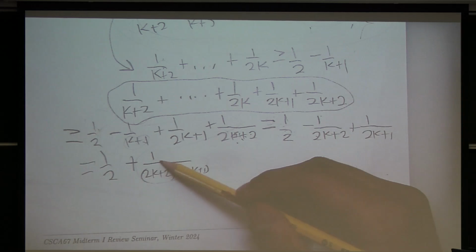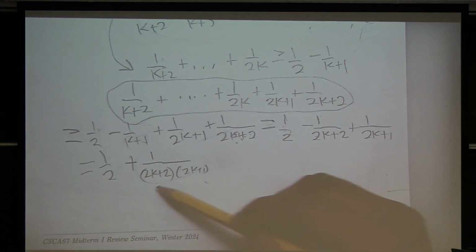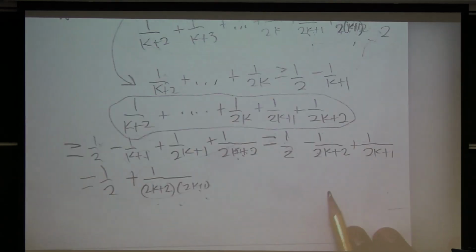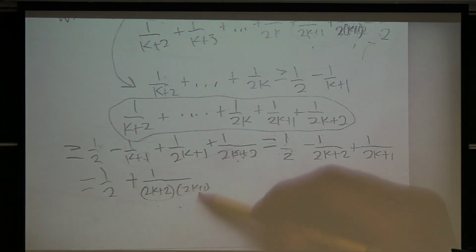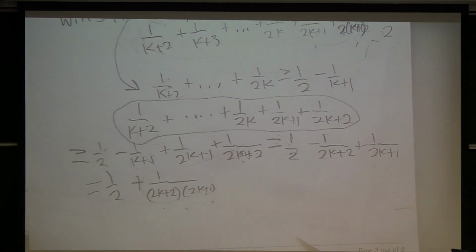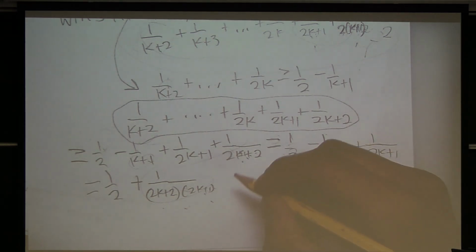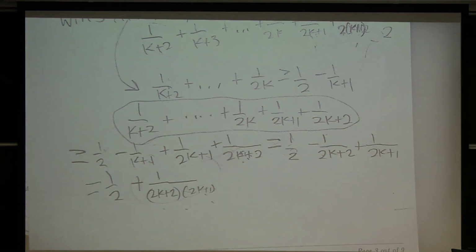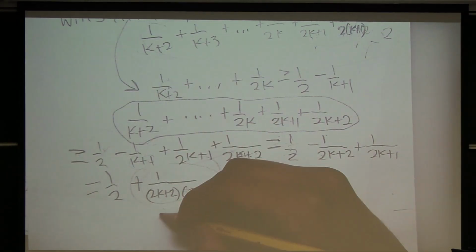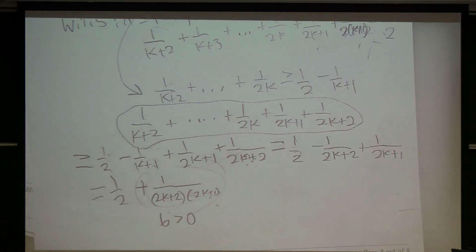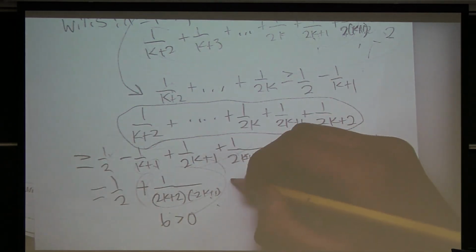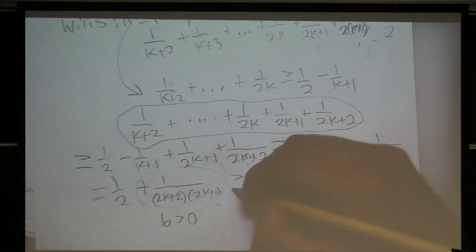So this term here has two terms in the denominator, 2k plus 2 and 2k plus 1. We already defined that k is a positive integer. So 2k plus 2 is a positive integer, and 2k plus 1 is a positive integer. And 1 over the product of two positive integers is just a positive number. So this number, if we just call this number b, for example, we know that b is greater than 0. So this entire expression here would be greater than or equal to 1/2.